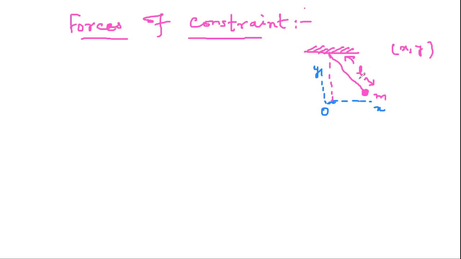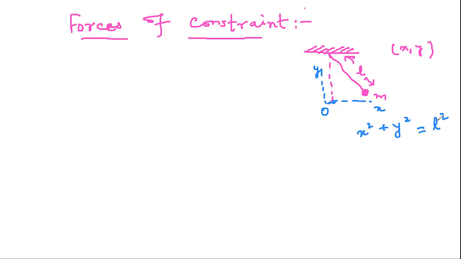But they are not independent, as you know. There's a constraint. What is the constraint? This x will change as the pendulum oscillates. Y will change as the pendulum oscillates. But at all times, x square plus y square must be equal to L square, right?